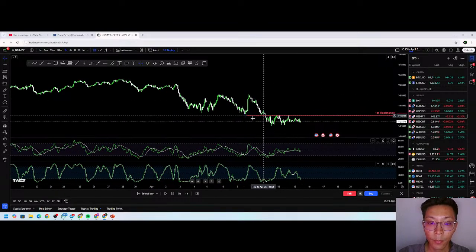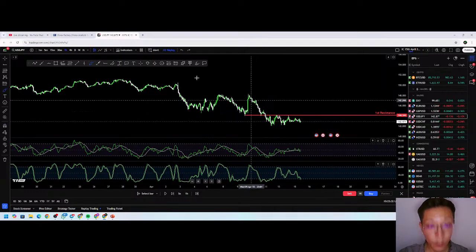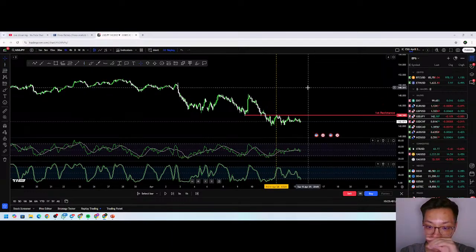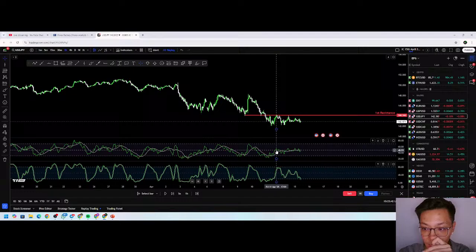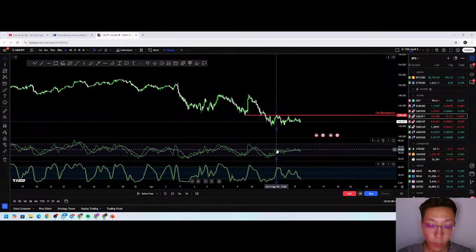And the value right here where it reacted, let me mark out. This value over here is slightly below 50. So long as it's below 50, it is bearish.